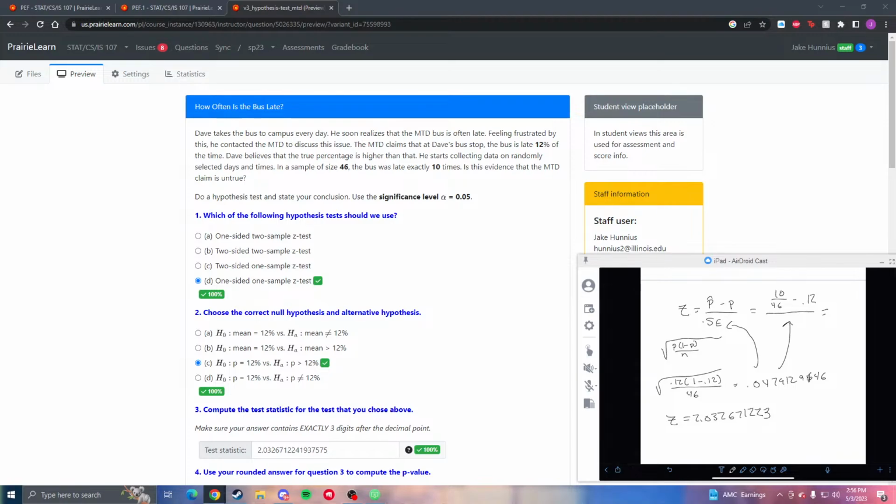So we do p hat, our sample, minus the population, divided by the standard error. The standard deviation for a proportion is the square root of p times 1 minus p, but when you're working with a sample, you have to use the standard error, which is the square root of p times 1 minus p over n.